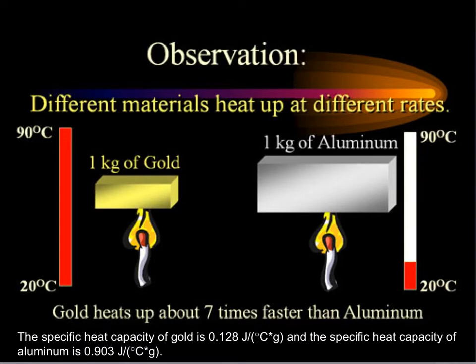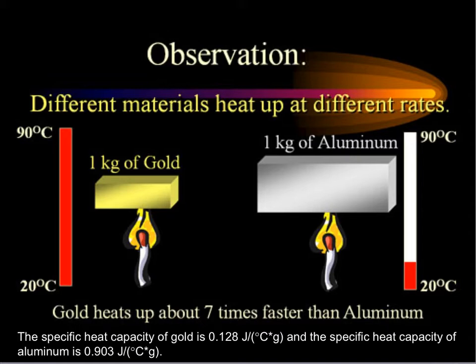This is just a visual saying the same thing. You're obviously going to be tested on this concept to make sure you understand it. Even though all metals, relatively speaking, have low specific heat capacities, they do differ from each other.